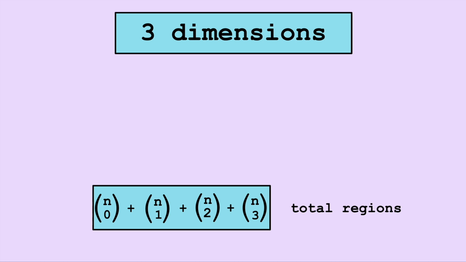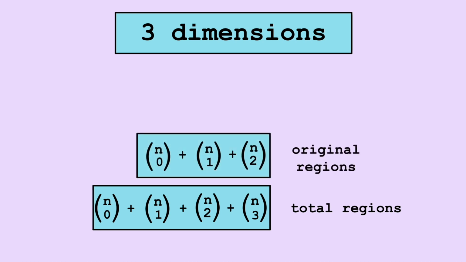Yes! If we look at a plane at infinity, the original n planes divide it into n choose 0 plus n choose 1 plus n choose 2 regions, because the intersection of each of them with the plane is a line, and we know how many regions n lines divide the plane into.